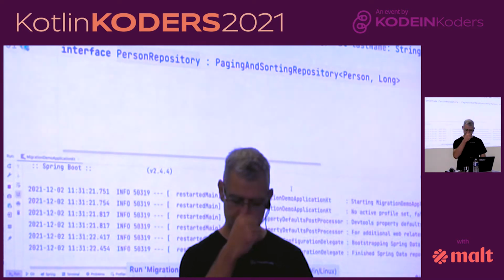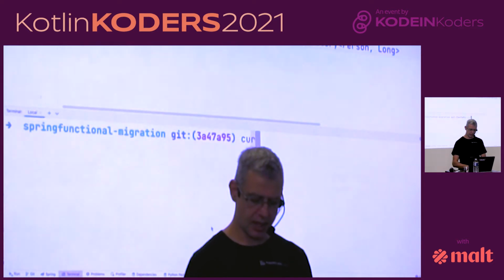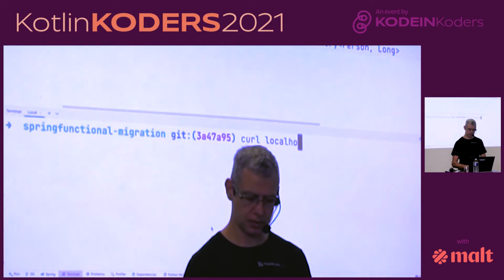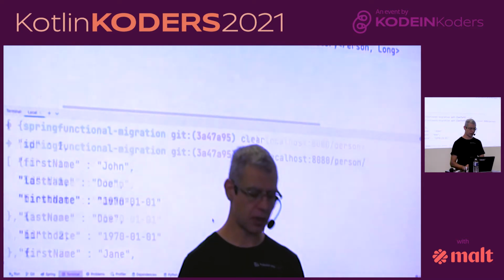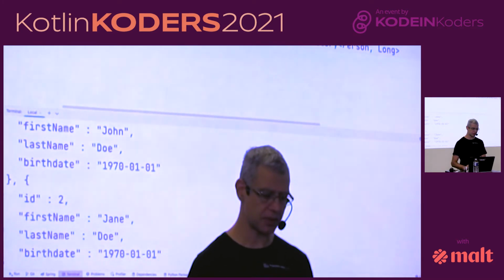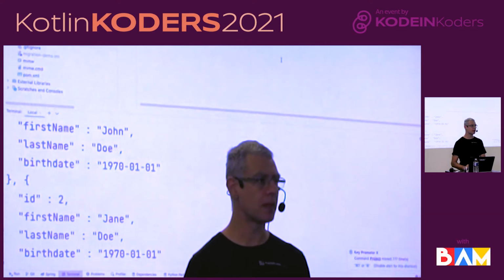And now I'm running it. And as you can imagine, a demo that works. Curl localhost:8080/person. Ooh, it works. So I've got 3 entities already. The reason for that is I'm using this import script.